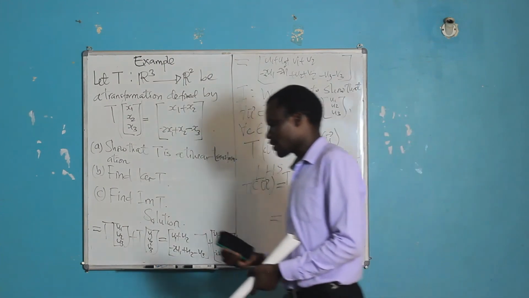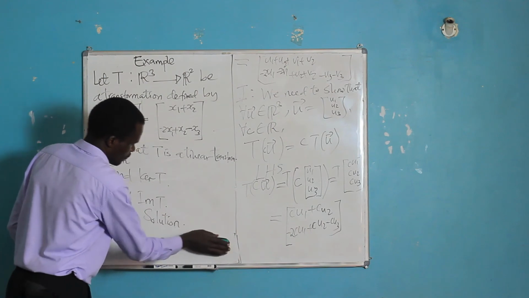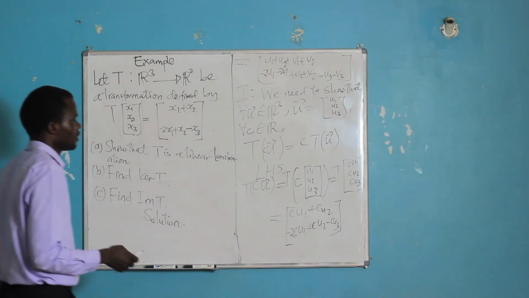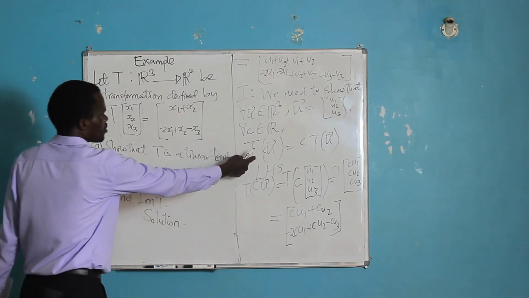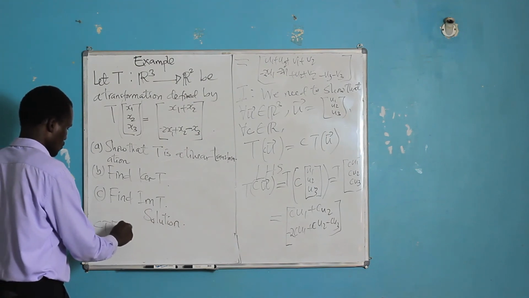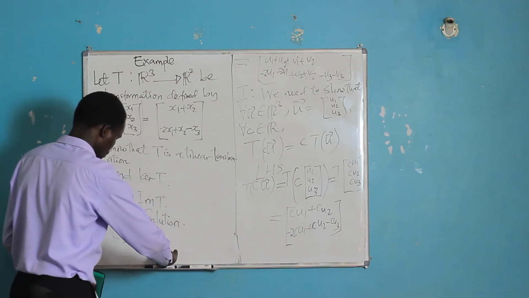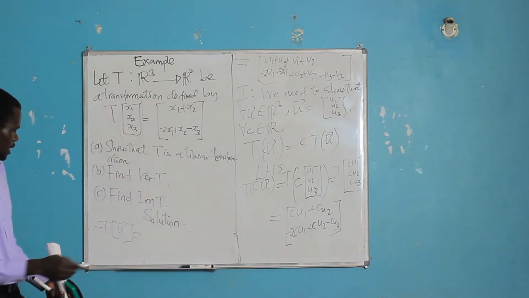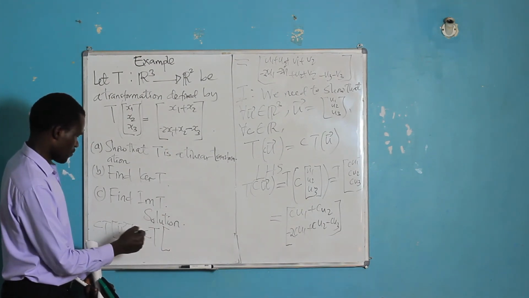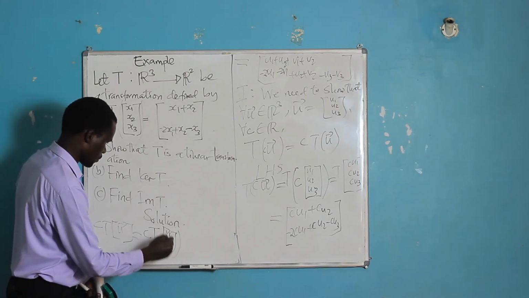Let us check for the right hand side. For the right hand side, we need to check if this will also give us the same as what is given by this one. So C times T of vector U, which is U1, U2, U3.